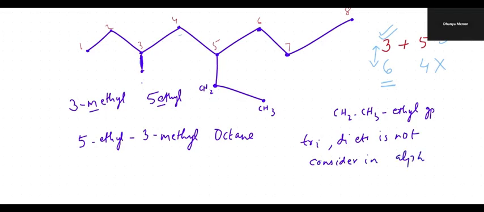I'll give an example. I hope the first point rule is clear to you. So here we consider alphabetical order because there are two different substituents. And this is an ethyl group.